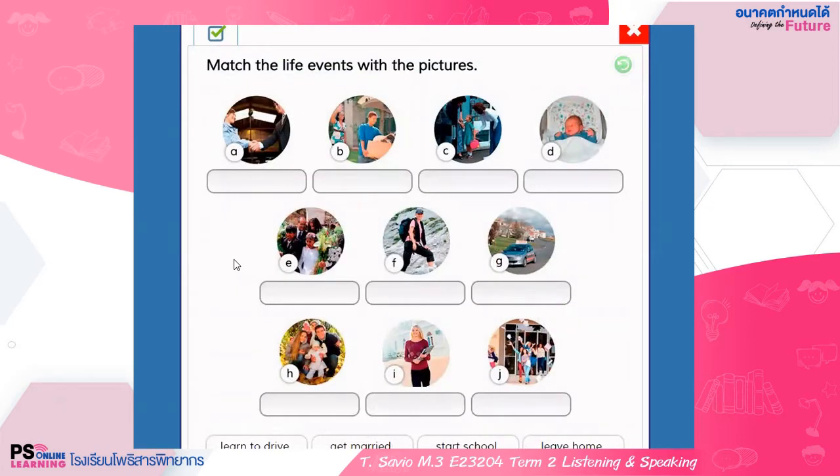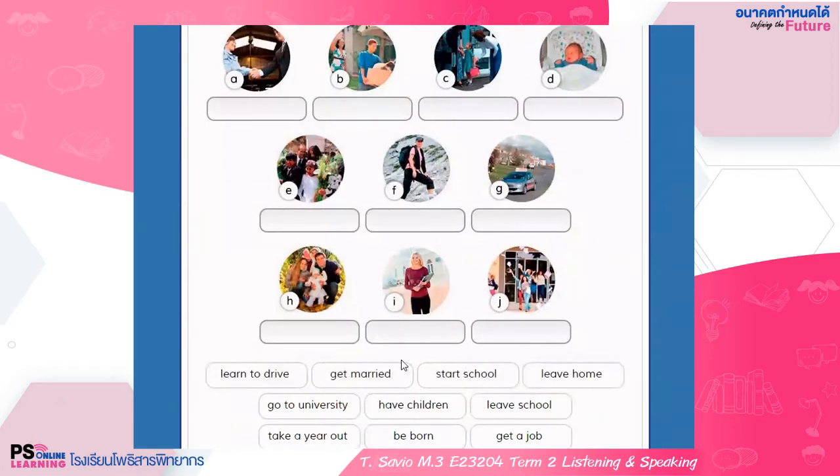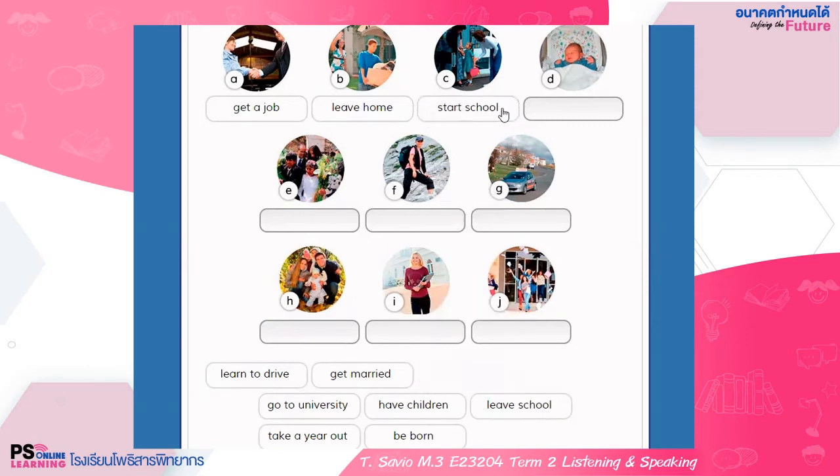Now let's match the life events with the pictures. Here the life events are: A will be get a job. B, leave home. C, start school. D, be born.